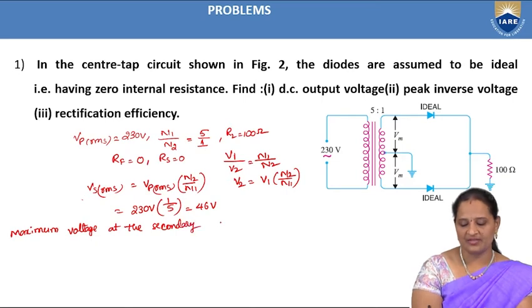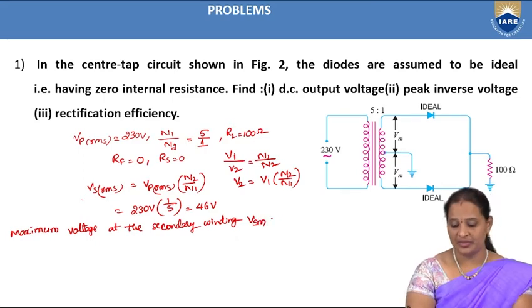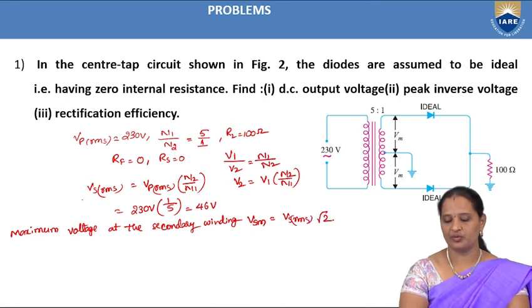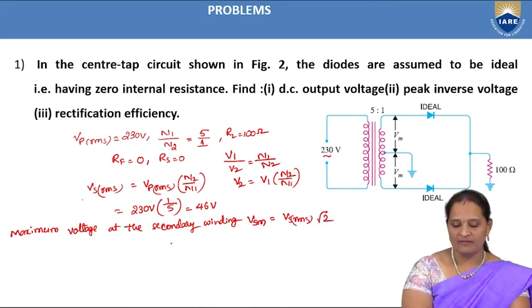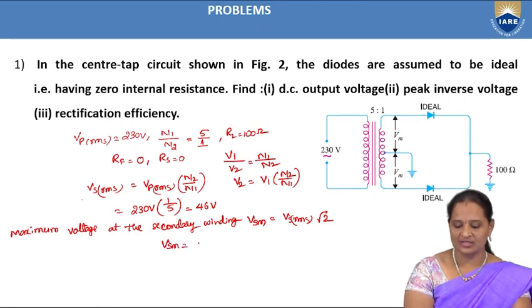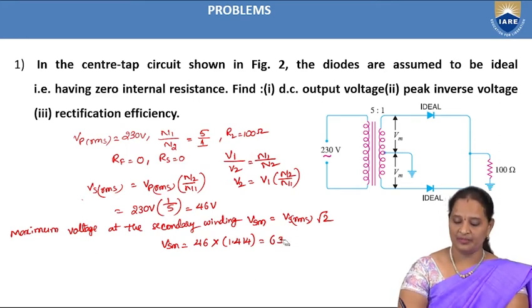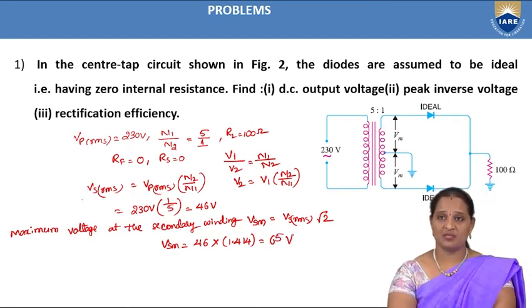The maximum voltage at the secondary winding of the transformer is represented with VSM, which is given by VS RMS into root 2. So VSM can be found as VS RMS value, which we have already got, that is 46, into root 2, which is 1.414. If you find the value of this, you will get approximately 65 volts. That is the maximum voltage at the secondary.